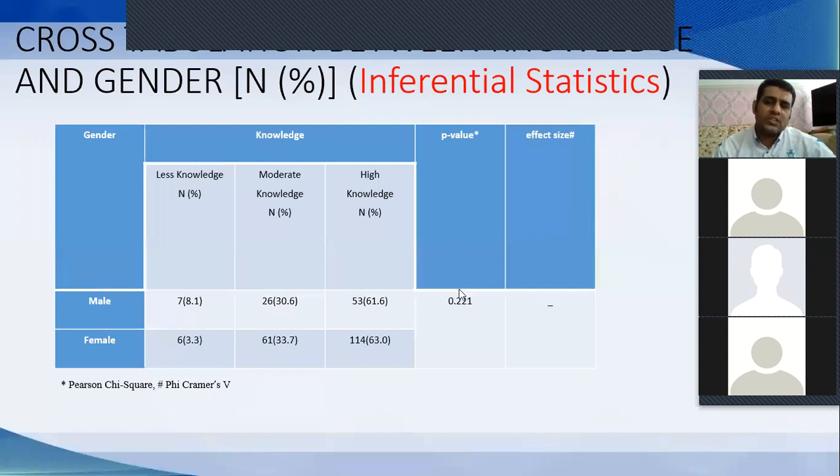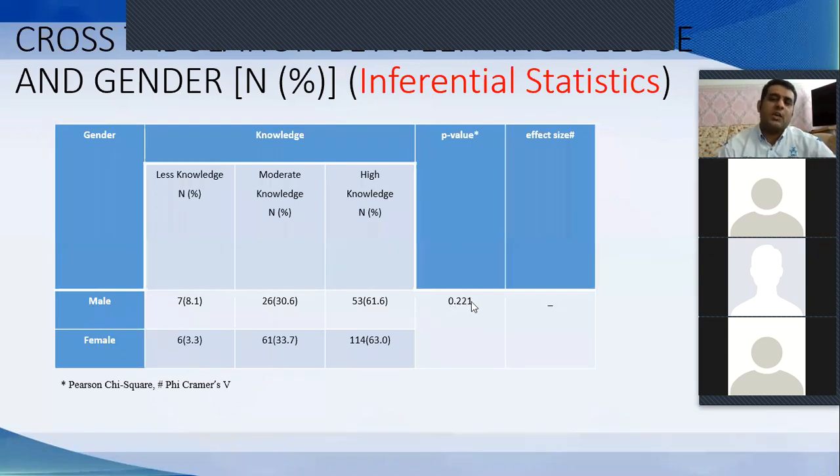If the p-value is non-significant, there is no effect of gender on knowledge. It means that male can have good knowledge, female can also have good knowledge. No effect of gender on knowledge. But if in the same study we have studied year 4 and year 3, or maybe year 4 and year 1 student knowledge, then the p-value can be significant.